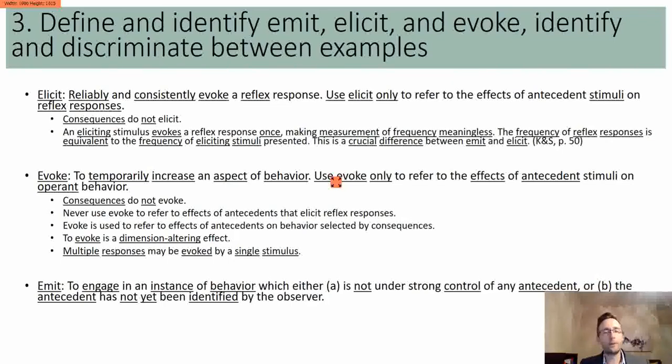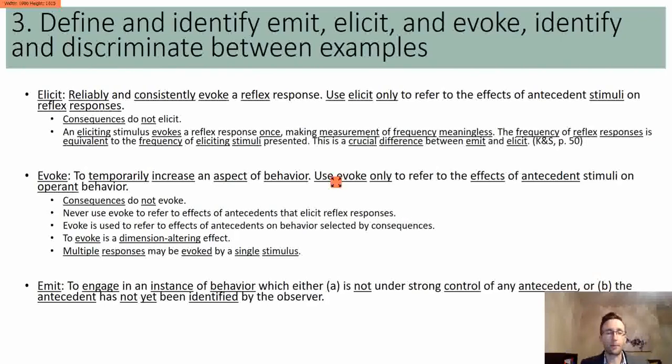All right, so we have three terms: elicit, evoke, and emit. Elicit can only be used to refer to reflex responses, or respondent behavior, and only one response occurs each time you present an eliciting stimulus. Evoke and emit are terms used to refer to operant behavior. Evoke is when an antecedent momentarily increases some aspect of that behavior.